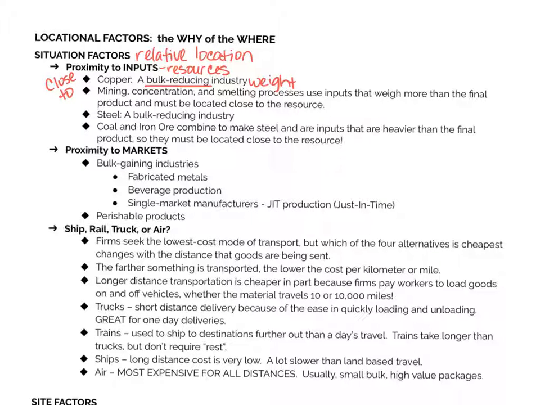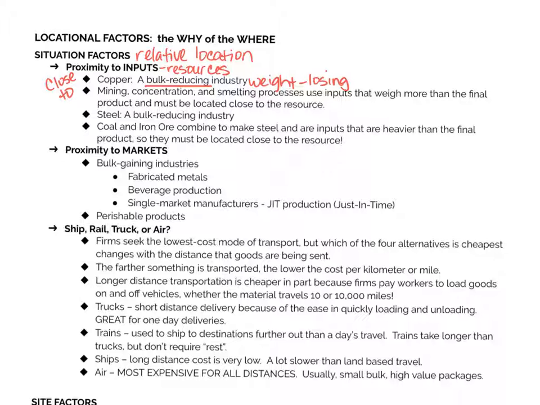And what's reducing? Bringing down. Yeah, so losing. So if you are a weight losing, bulk reducing industry, that means your resource is really heavy, and after you produce it, it comes out lighter. Like it goes on a diet during the manufacturing process, basically.